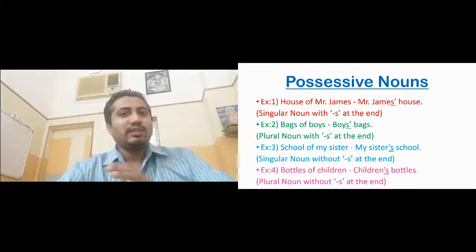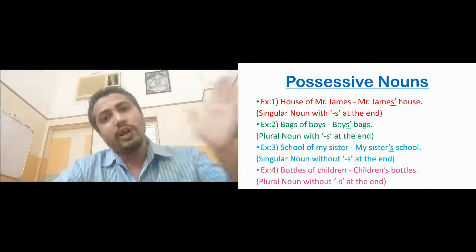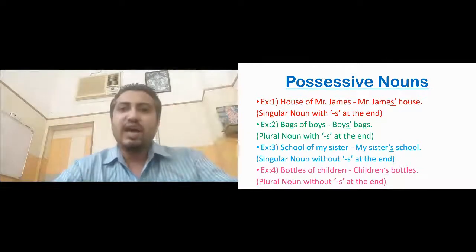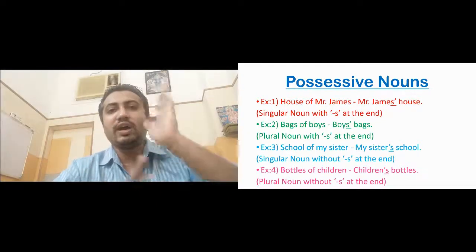Understand students? So that is, if the last letter is s, we don't have to put apostrophe and s. If the last letter is s, we only have to put an apostrophe.